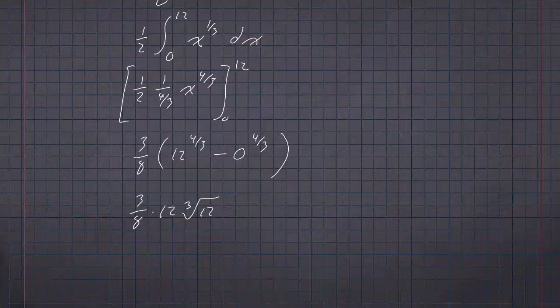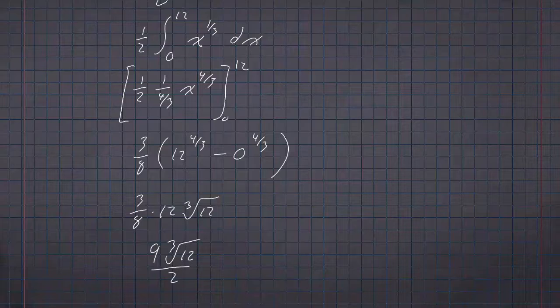We can cancel out a little bit here. 12 over 8 is 3 over 2. Multiply that by 3, and we get 9 times the cube root of 12 over 2 as the simplified version of this mass. Right. An answer only a mathematician can love, but that's how we like it in math class. The mass of this rod is 9 cube roots of 12 over 2.